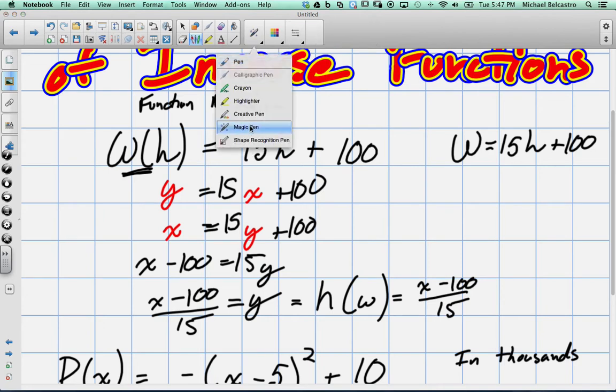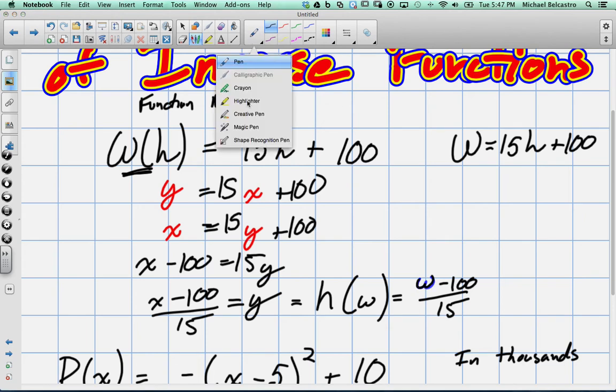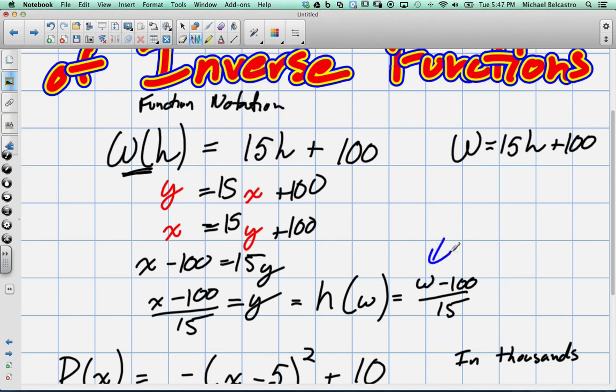So what does that mean, hours in terms of wage? Before we were finding our wage in terms of hours. So if I worked 1 hour, I got $15 plus 100, I made $115. But in this case now, and sorry, this should be a w in here, not an x. When I've inverted the function, say I wanted to find out how many hours I'd have to work if I want a wage of, I don't know, $200.